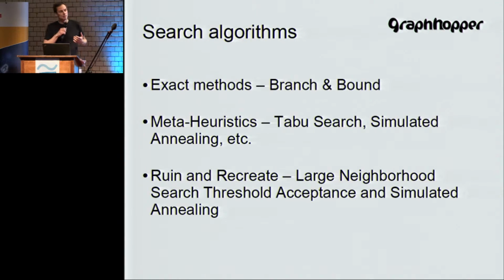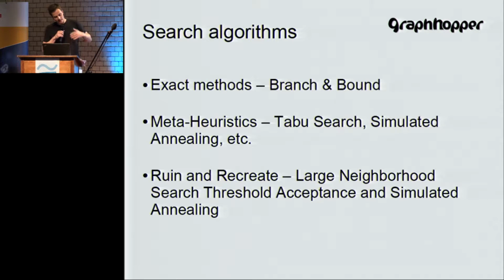And therefore, mathematicians and operations researchers developed methods to provide exact solutions without visiting the entire solution space. And these methods are usually based on branch and bound and branch and cut principles.